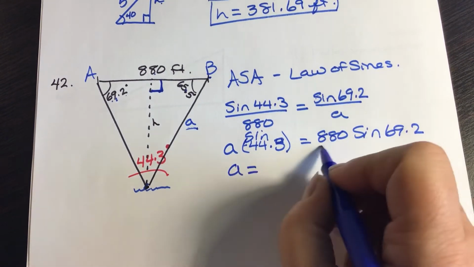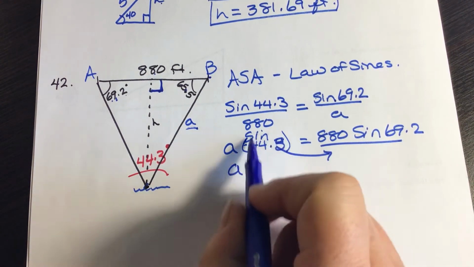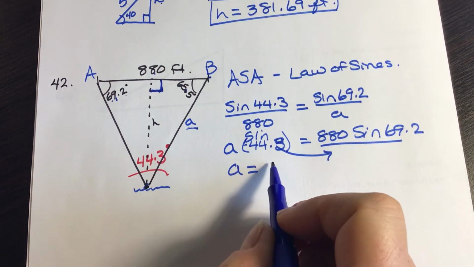So A is going to be 880 sine 69.2 divided by sine 44.3.